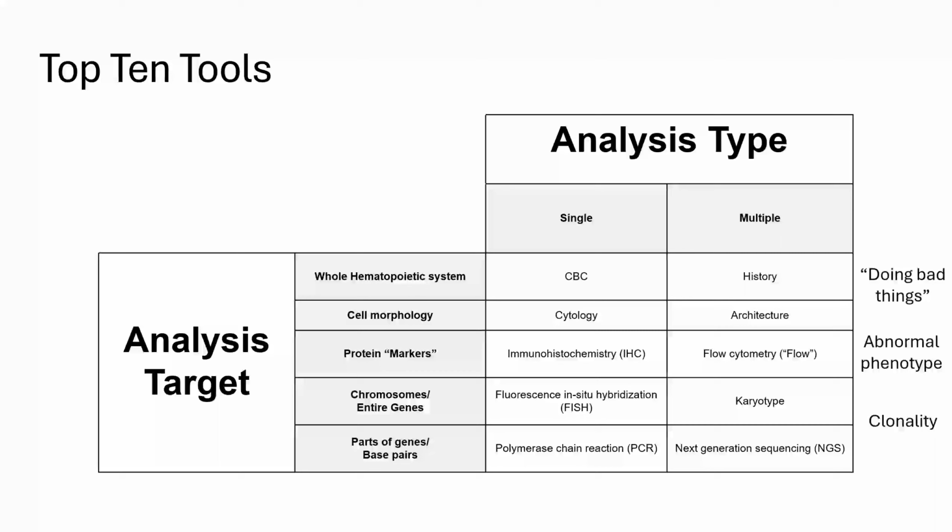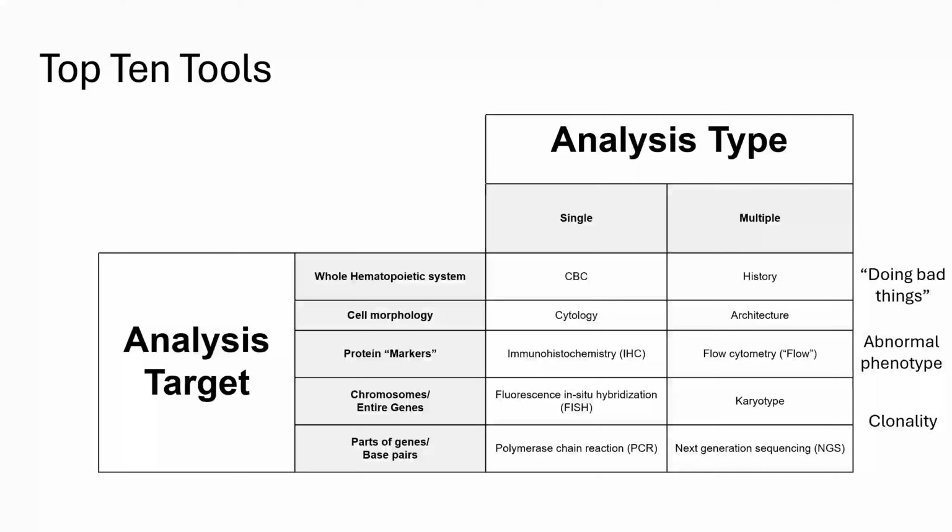If we look at these top 10 tools, we can actually compare them to the initial 3 characteristics that I mentioned before: doing bad things, abnormal phenotype, and clonality. And we can see how each row can correlate to one of the features. CBC and history, that helps us prove that a process is doing bad things within the patient.